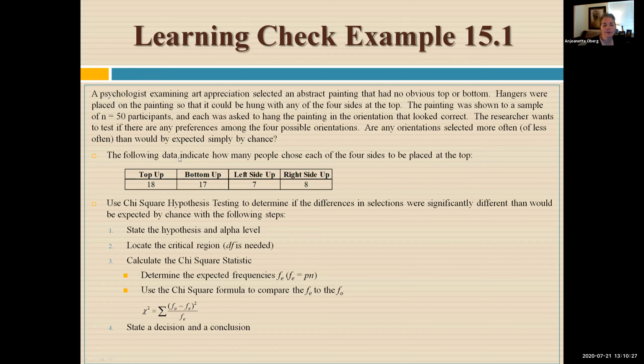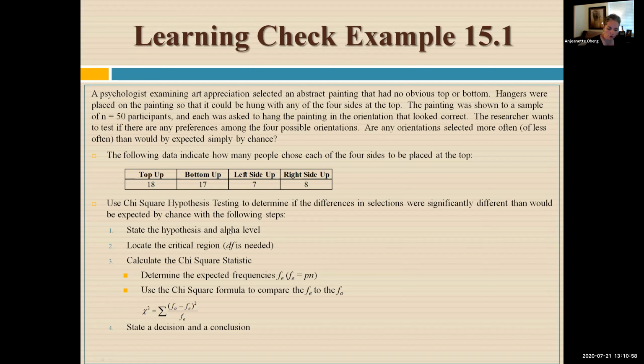When we asked 50 people how they would prefer to hang up this painting, 18 said top up, 17 said bottom up, 7 said left side up, and 8 said right side up. Now, if there was no preference and we had 50 people, we would just divide 50 by the 4 categories, and we would expect 12.5, 12.5, 12.5, 12.5. So our expected frequencies are different than our observed frequencies.